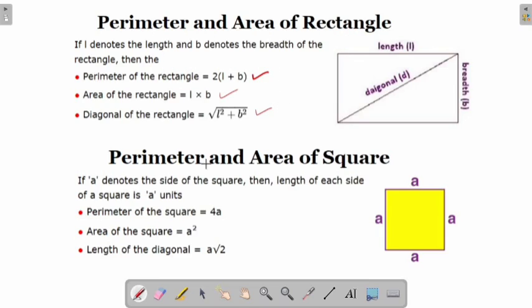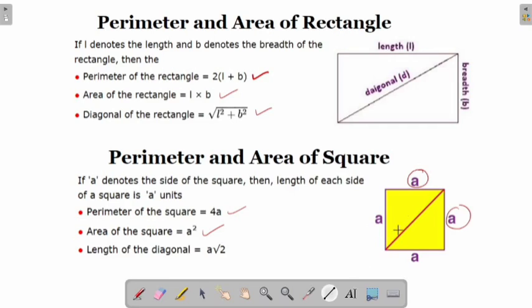Similarly, there are perimeter and area formulas for a square. In a square, all the sides are equal. So a square is also a kind of rectangle where the length and breadth are equal to each other. The perimeter formula is this one, where A stands for the length of each side, the area formula is A square, and then the length of the diagonal.